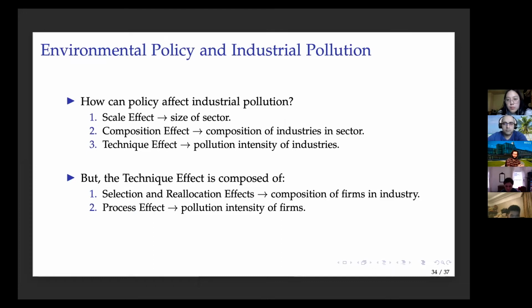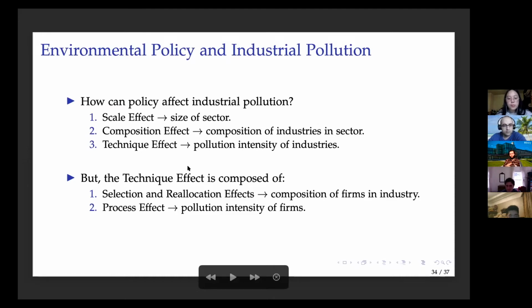So, for example, if you saw BC implement a carbon tax, which they did in 2008, you might say, great, let's use this to study the process effect, or let's use this to study selection and reallocation, and we want to isolate the composition effect from this study.